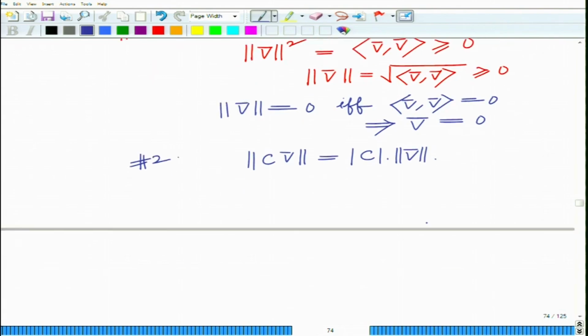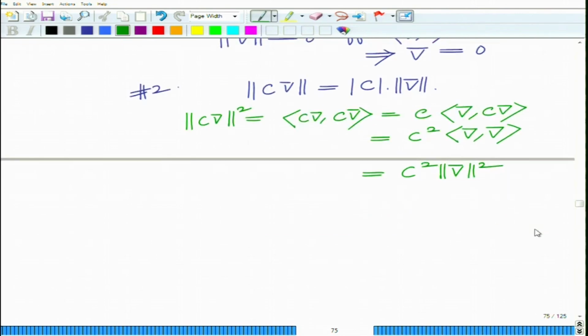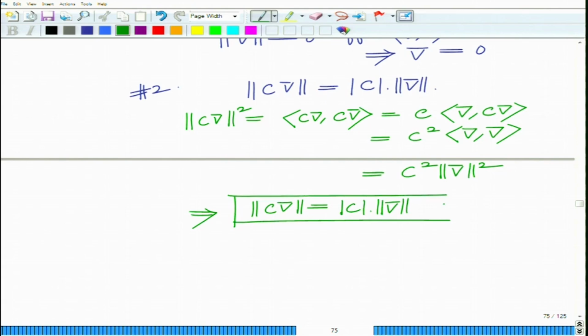In fact, you can see the norm of c v bar square equals the inner product of c v bar with c v bar, which is c times the inner product of v bar with c v bar, which is c square times the inner product of v bar with itself, which is c square times the norm of v bar square, which implies the norm of c v bar equals, taking the square root on the right, the magnitude of c times the norm of v bar.